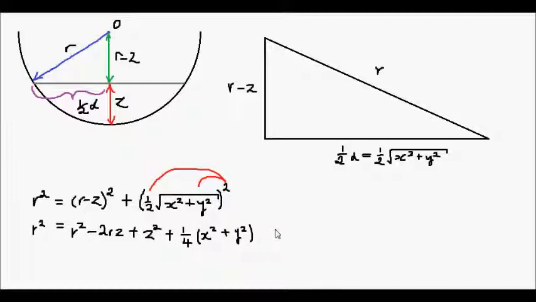Now, since we've got r squared on both sides of the equation, we can actually cancel them out. And that will leave us with 0 equals minus 2rz plus z squared plus 1/4 times the sum of x squared plus y squared.